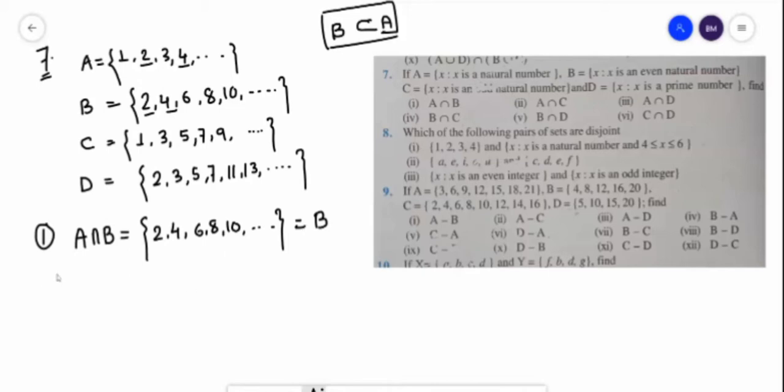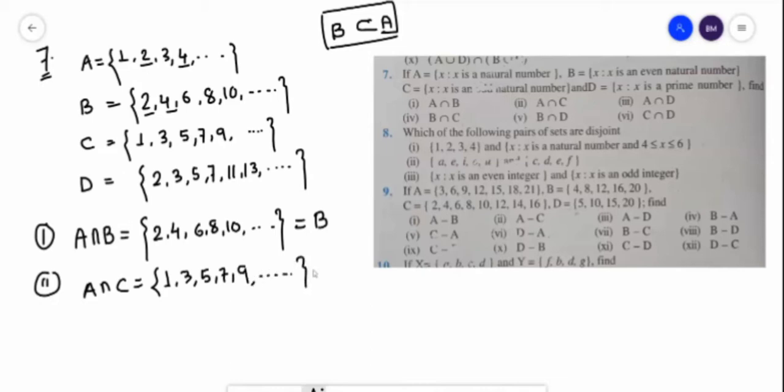Number 2, A intersection C. Similarly, A intersection C will give all the odd natural numbers 1, 3, 5, 7, 9 and so on.